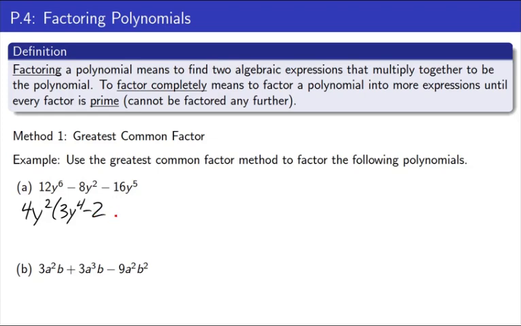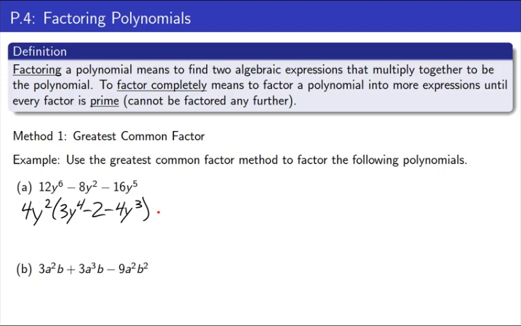And the y squared factors out completely. So we're done. Next, with the negative 16, if I factor out a 4, I get negative 4. And the y to the 5th, when we factor out the y squared, we get y cubed. So that's what it looks like if we take out a greatest common factor, and we'll leave it there.